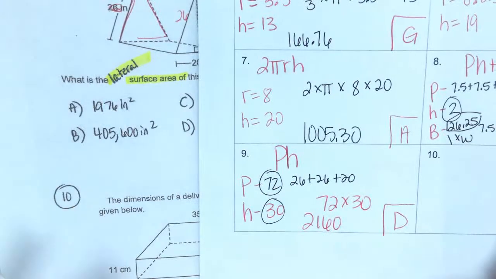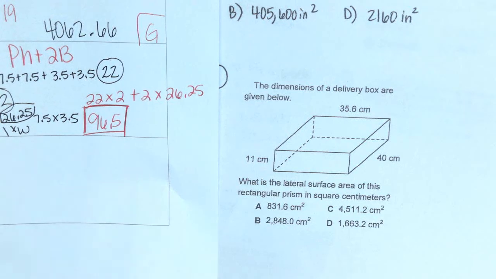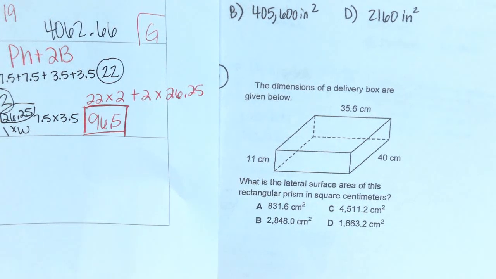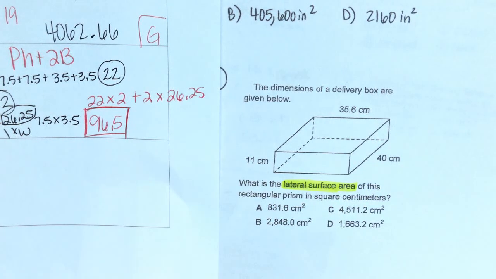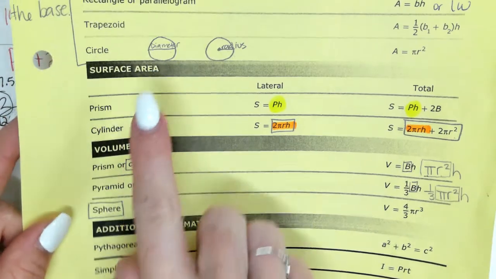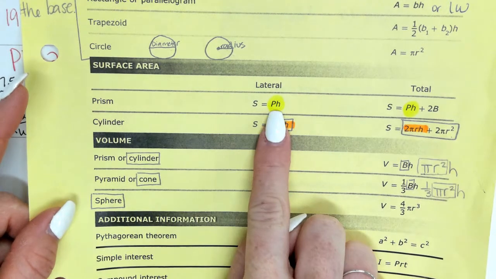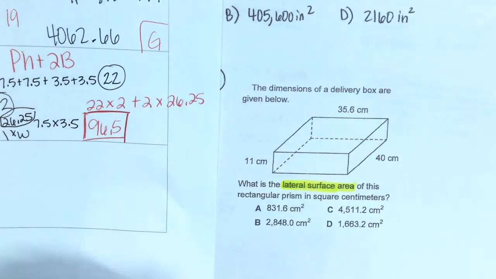Last question. What type of shape is it? Rectangular prism, and it asks for what kind of surface area? So I go to my star chart to surface area. Here's a prism. Here's the lateral, pH.